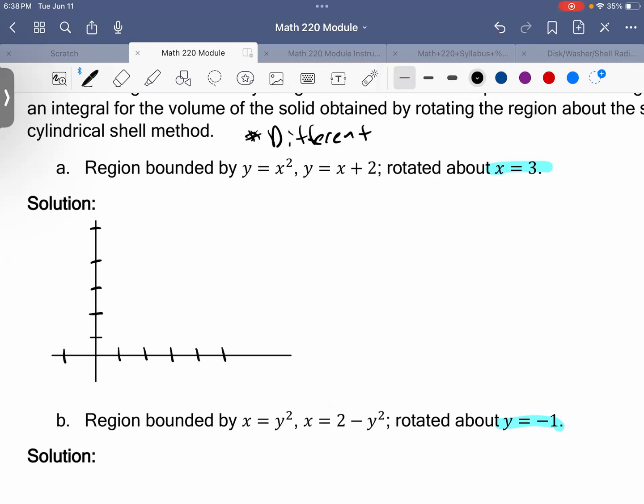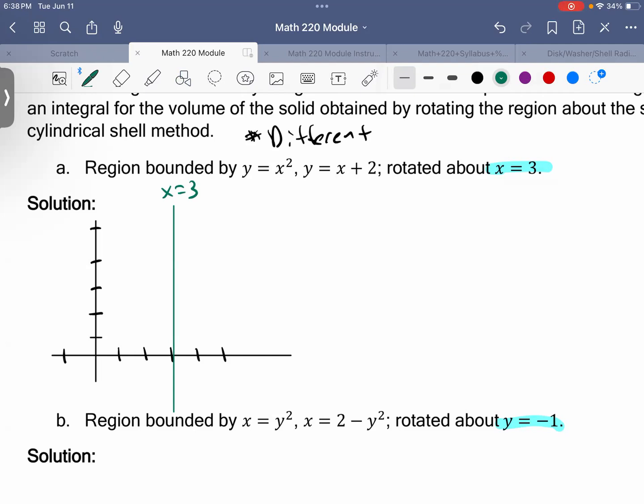Okay, so we want to go about x equals 3. Let me use a different color for that. Here's x equals 3.